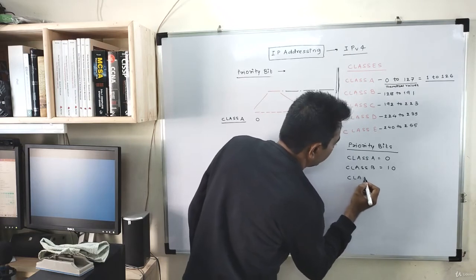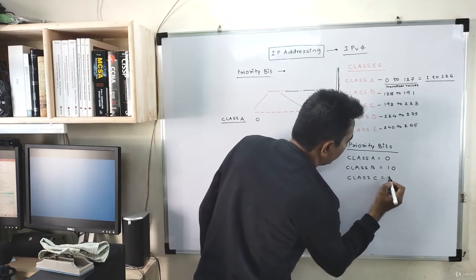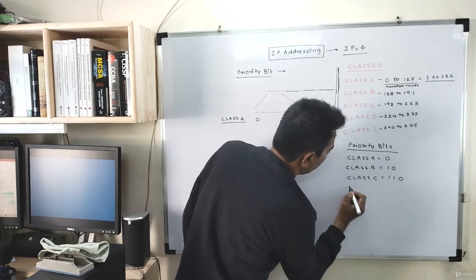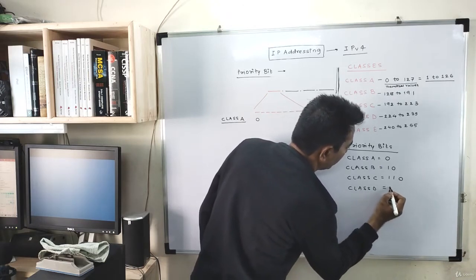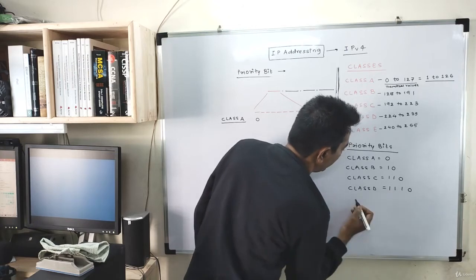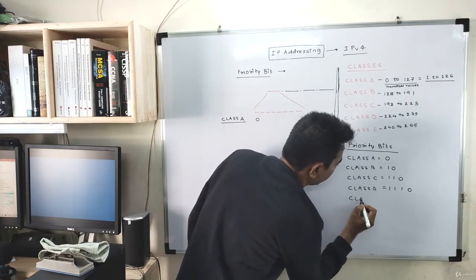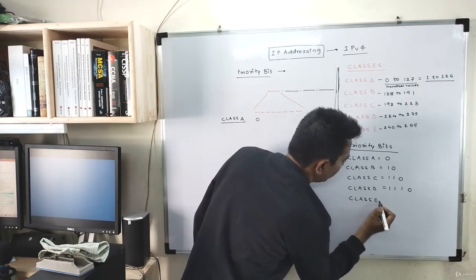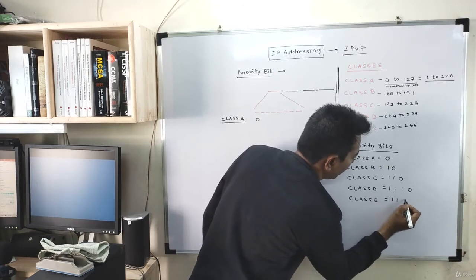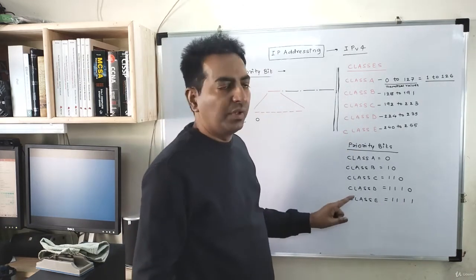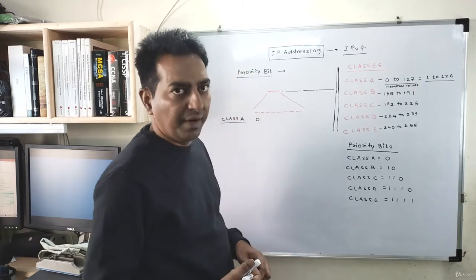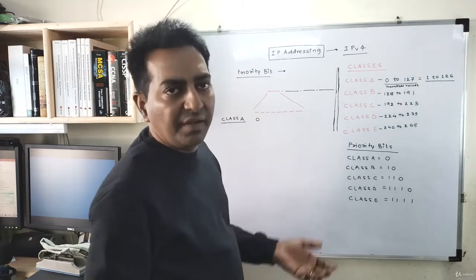Then for class C, it is 110. Class D, it is 1110. And for class E, it is 1111. So that is how the priority bits are defined. Now what is the significance?